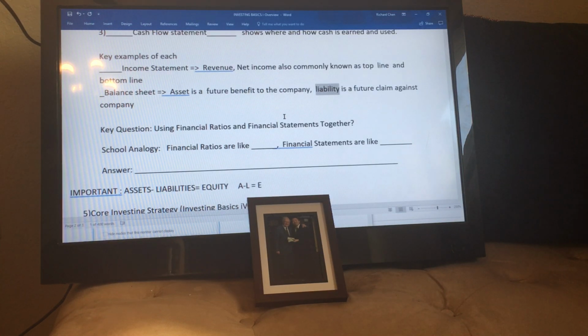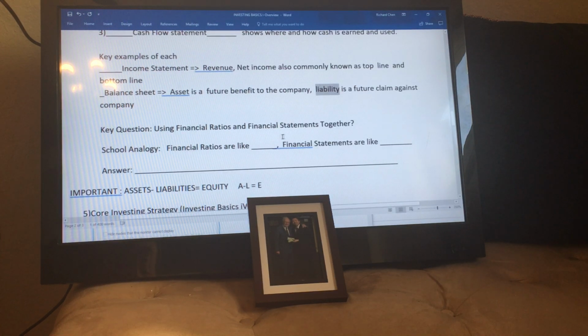So the key question is, hopefully you have some distinction between financial ratios and financial statements, and maybe it helps to talk about them together so you can see how they're used together. Maybe that helps you distinguish them. We can make an analogy with school.